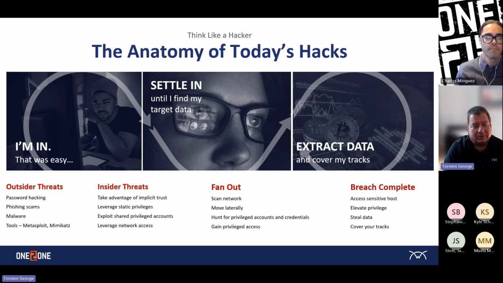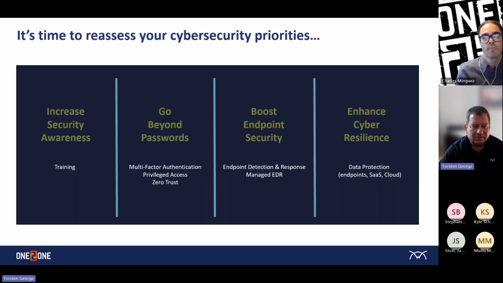So again, endpoint becomes very important because from there they're scanning the network, they do their reconnaissance, and they're moving laterally. They're hunting for more credentials, higher privileged access credentials that give them more access to the crown jewels. And if you have this attack chain in mind, quite frankly, it makes it a little bit easier to allocate your resources. For me personally, I always talk about going back to the basics.